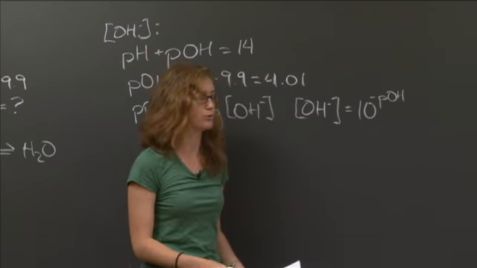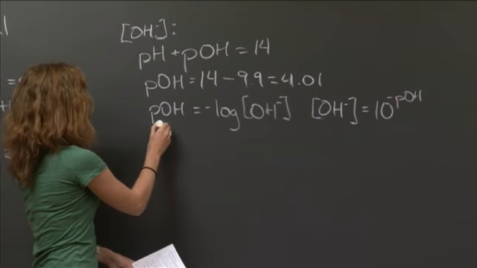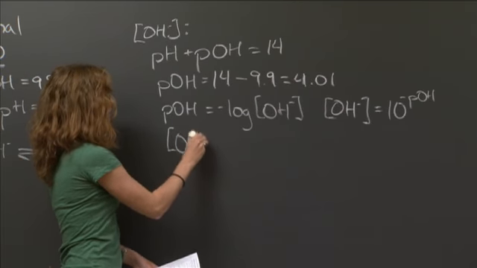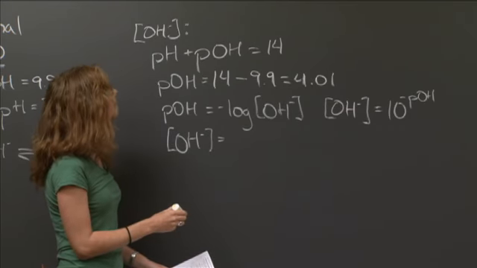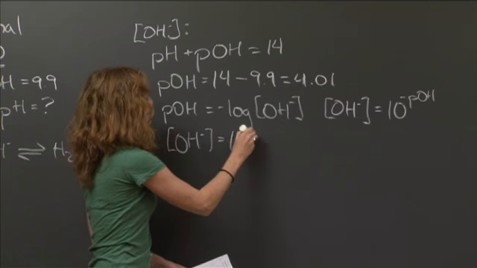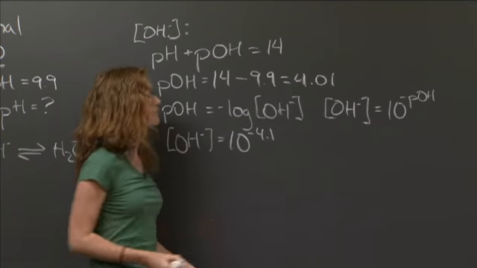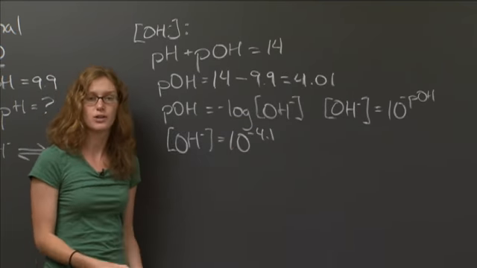Just using our log rules there. So this gives us that our current concentration of the hydroxide ion is 10 to the negative 4.1. So that gives us the concentration of the hydroxide.